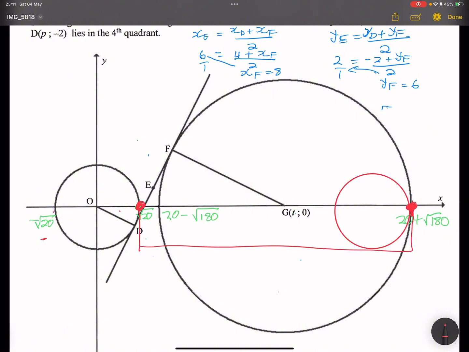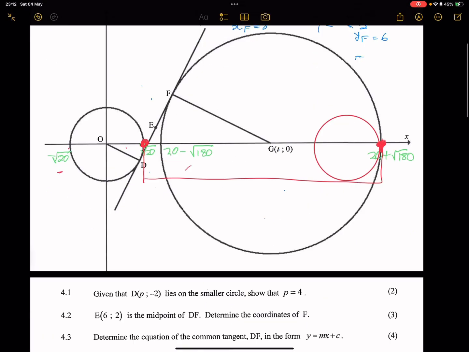plus root 180. Actually, I think I made a mistake in the previous one. I was supposed to say 20 minus root 180, right? And I think I said 20 plus.